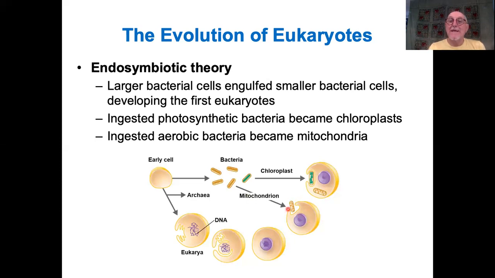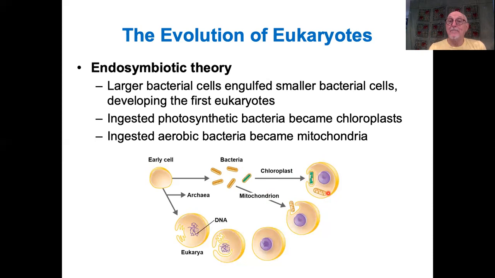But then they took in these bacteria that could do this using the process of cellular respiration. And that was a huge advantage. Secondarily, another group took in a group of prokaryotes, very like cyanobacteria, which were able to photosynthesize.